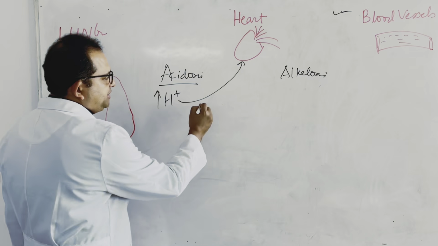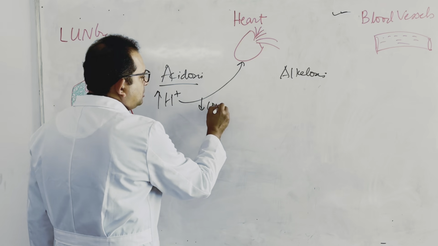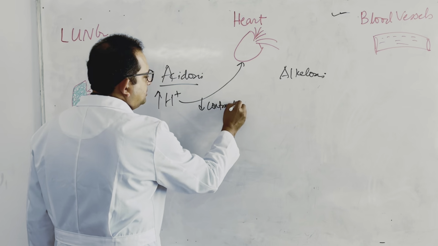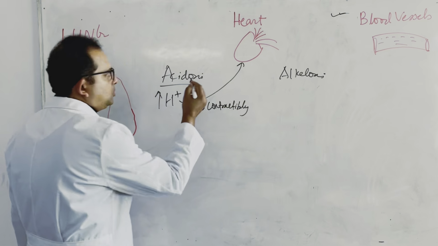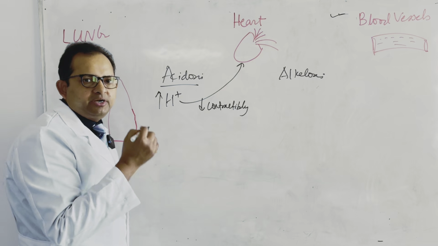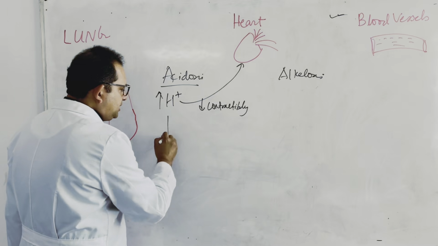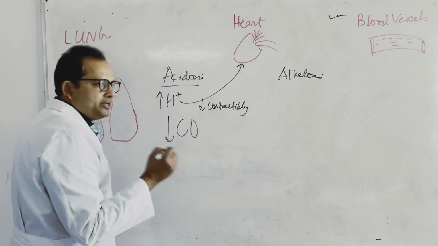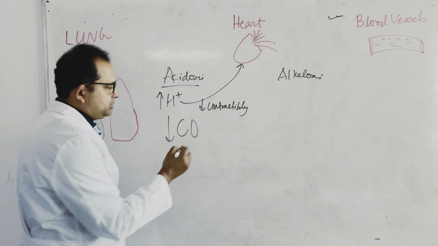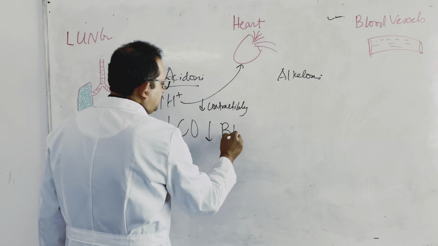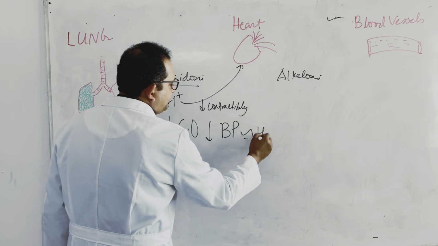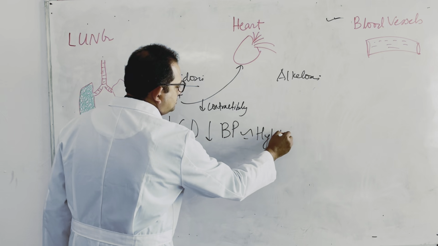That will decrease the contractility. Once the contractility decreases, there will be a decrease in cardiac output and so a decrease in BP, which will lead to hypotension. Correct?